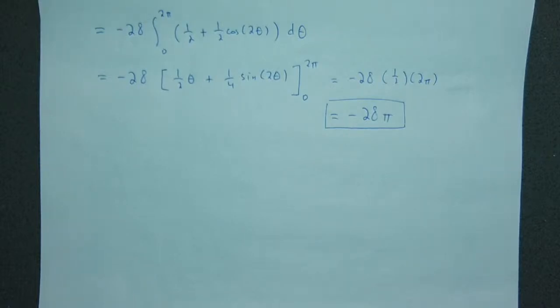Okay. And so this was another example of where calculating in cylindrical coordinates might show up. Again, in this example, there was absolutely no mention directly of cylindrical coordinates, but I looked at the form of the example.